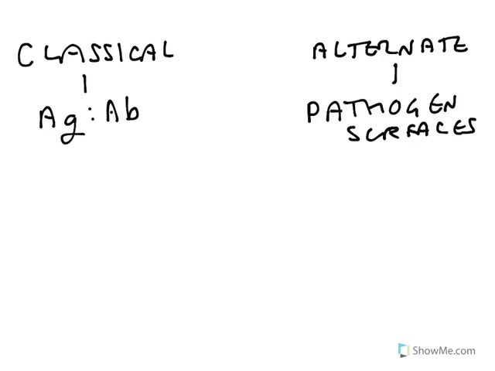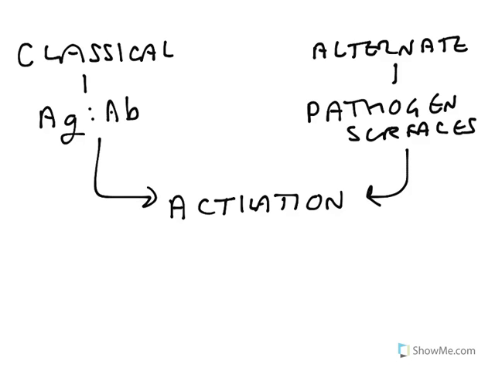But regardless of the way in which the complement system is activated, the effect is the same, and that is activation of the rest of the components of the system. So the rest of the proteins in the system get activated, whether it's via the classical or the alternate pathway. And upon activation, there are three different effectors which can be switched on.